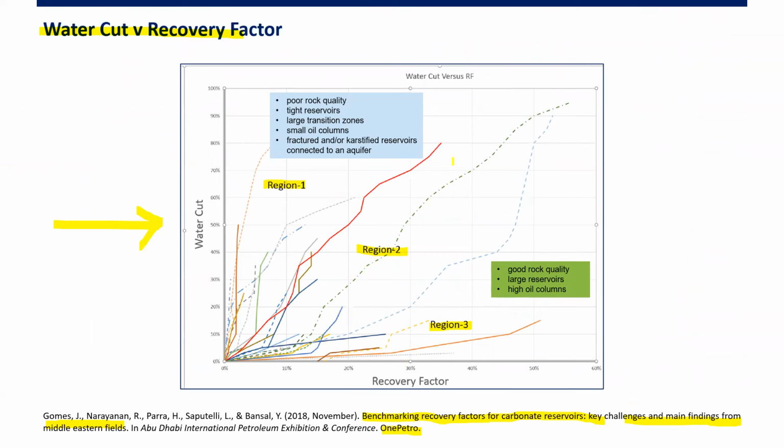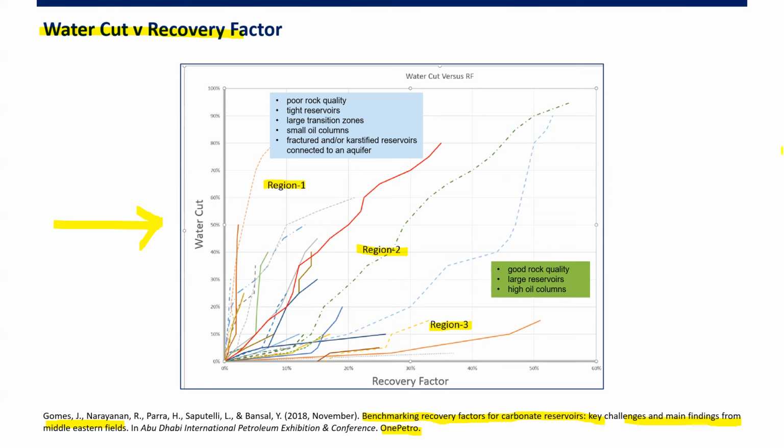So again, this type of diagnostic plot is very informative. It's very simple. You just need the water cut data, recovery factor data, and then you have the clear zonations, whether you want to make this plot for block level, field level, reservoir level, compartment level, cluster level, or pattern level.